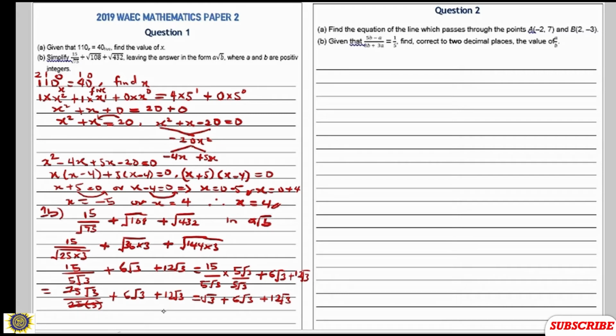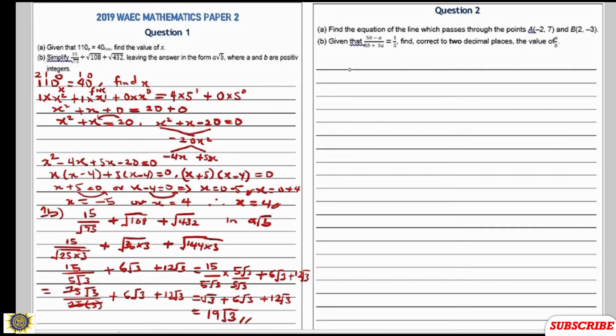So the final answer here will now be equal to 19 root 3. That is the final answer for question number 1B. So we have successfully calculated question 1A and question 1B.